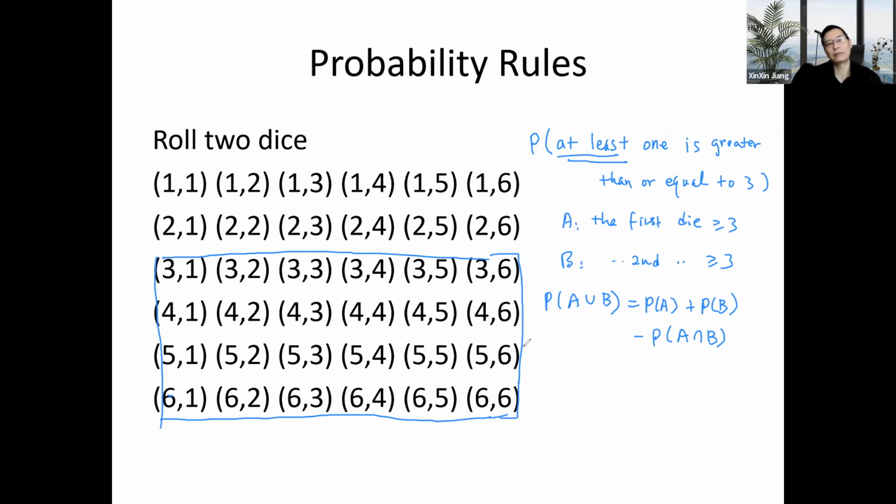Okay, so probability of A, how many of them? First one is greater than or equal to 3. So you have 24 out of 36.